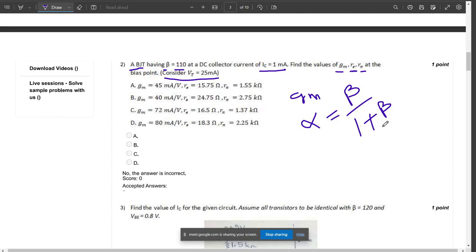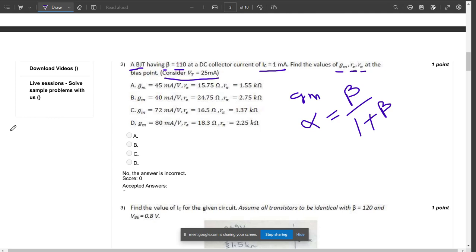Ma'am, there is one more formula for finding re directly, using VT by IE. Yes, VT divided by IE, the emitter current, we can directly find out re.